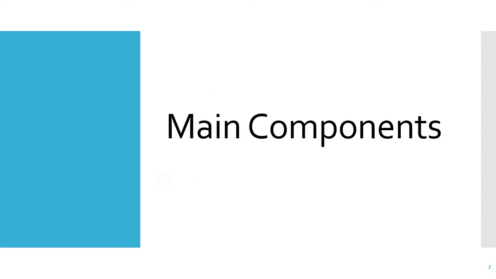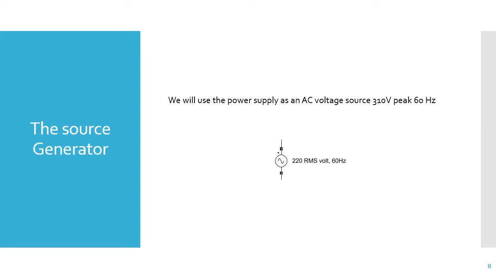Now we will talk about the power-related components in the network, which either generate or consume power. As a network generator, we will use AC voltage, like here in Saudi Arabia's criteria, 220 RMS volts and 60 Hz.